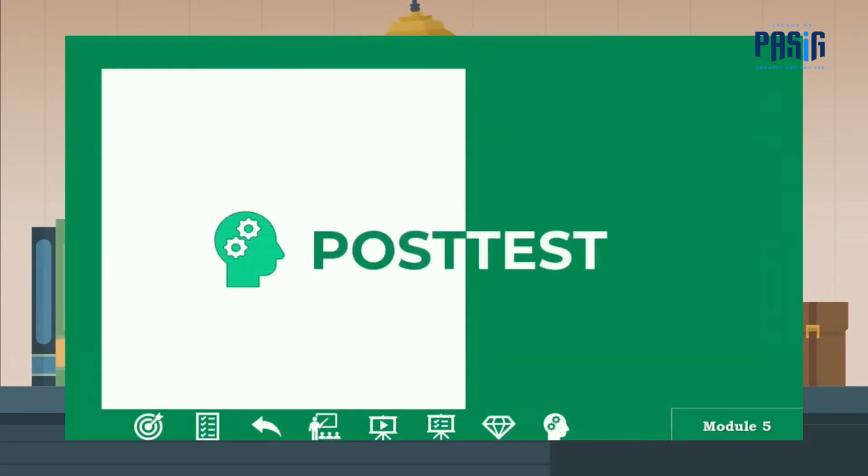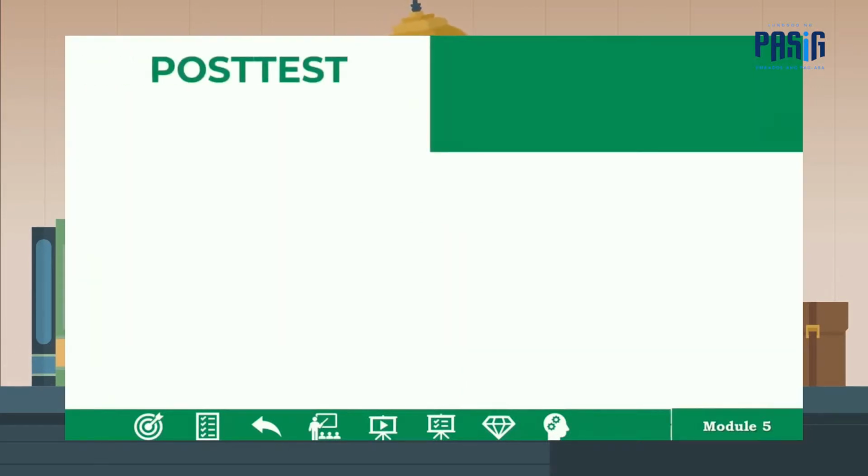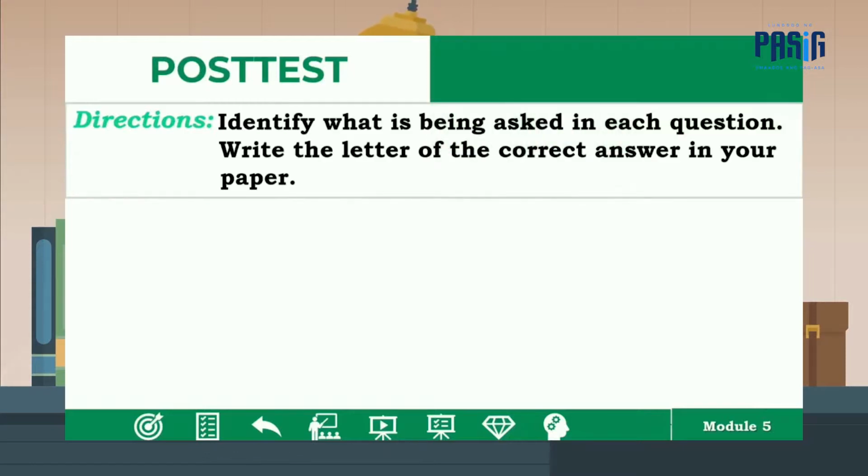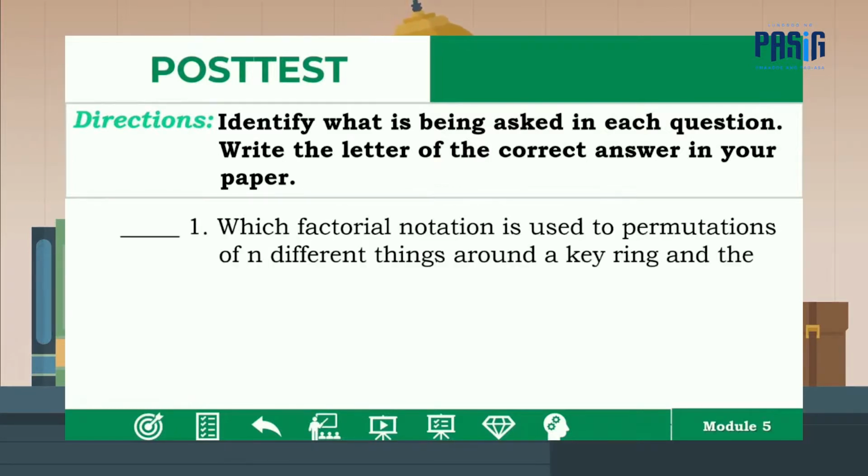Now, let's have our post-test. Directions. Identify what is being asked in each question. Write the letter of the correct answer in your paper. Number 1. Which factorial notation is used for permutations of n different things around a keyring and the like?